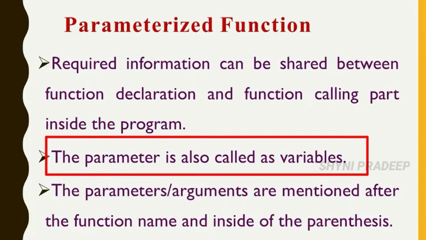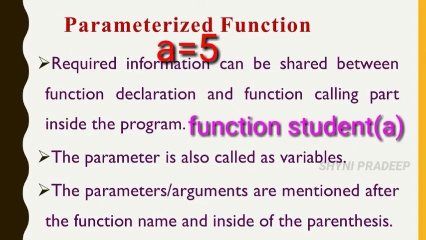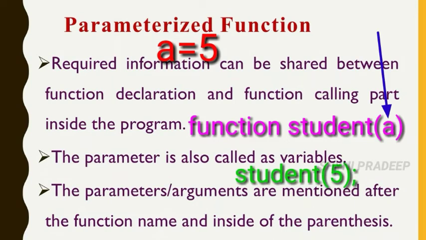For example, a is equal to 5. Here a is the parameter and 5 is the argument. A is the variable and 5 is the value. So a parameter is also called a variable and an argument is also called a value. You have to declare the parameter within the function declaration part and you declare the argument within the function call part.